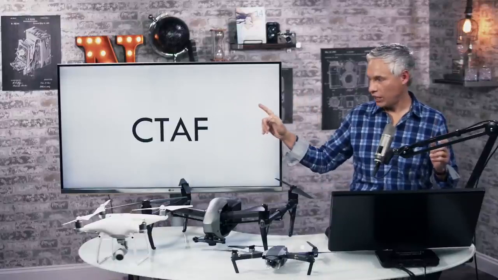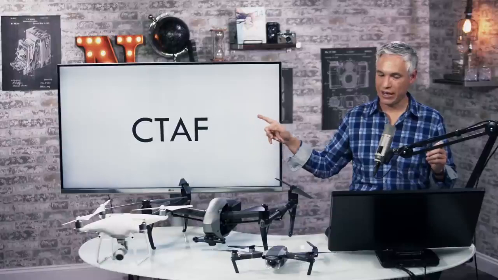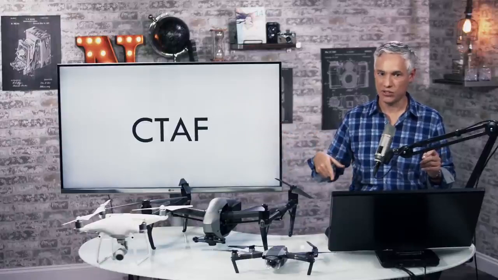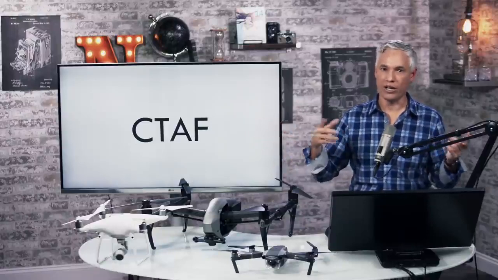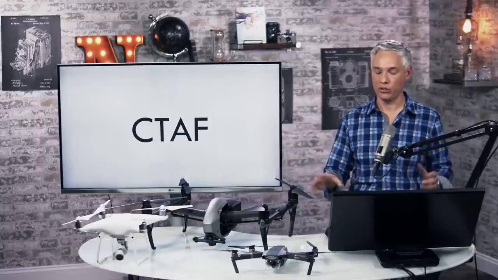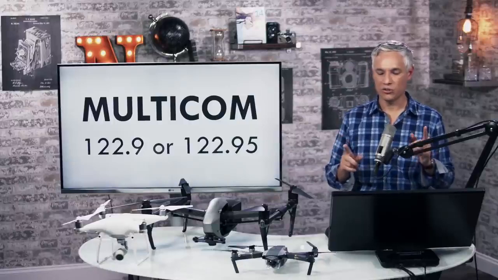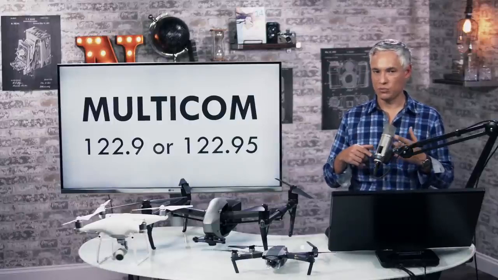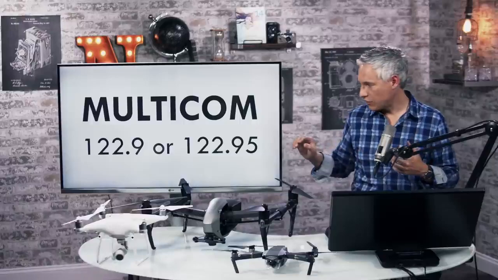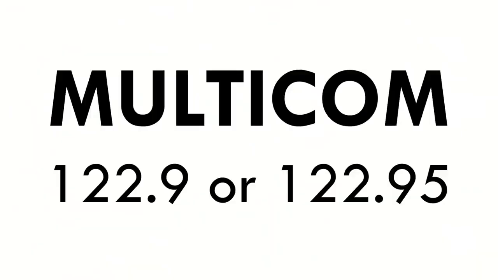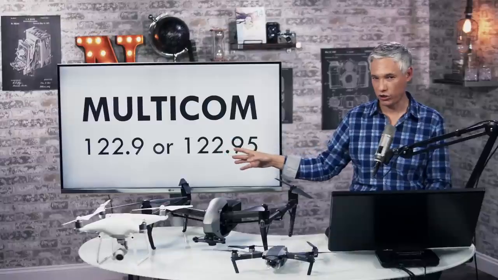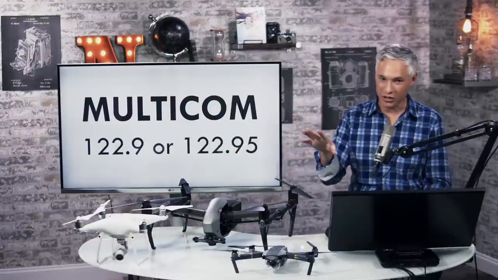Most of the time, I'll show you in a map later how to find CTAF frequencies. The questions you'll see around CTAF will be, what is the frequency for this particular airport while you're looking at a chart? So I just wanted to review the term. Multicom is what you do when there's no CTAF frequency. It's just basically these reserved frequencies that pilots can use for the smallest of little dirt airports and stuff.